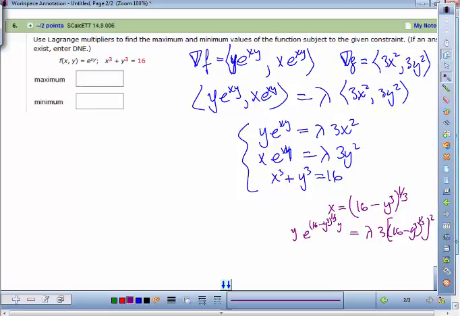Whenever we divide by a variable, we just want to make sure that we account for the possibility of that variable being 0, and so we want to save that. So what do you want to do?